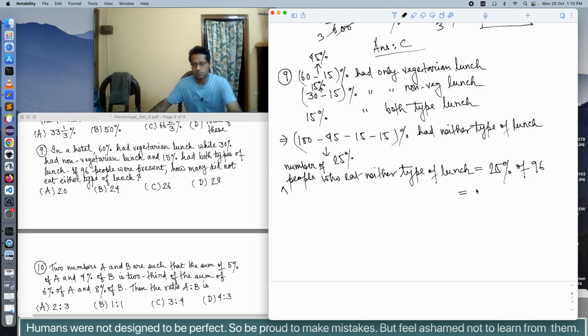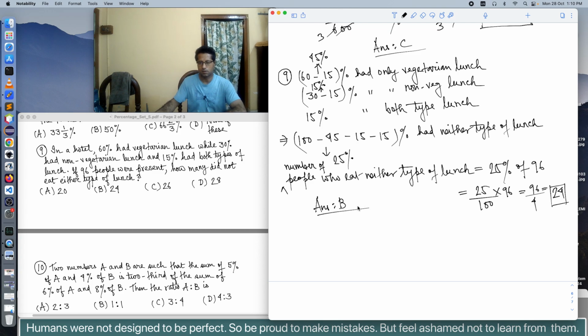This is equal to 25 by 100 multiplied by 96, and 25 by 100 is 1 by 4. So this must be equal to 28. Sorry, 24. So the number of people who did not eat either type of lunch is 24, and hence the correct choice is B. B is the correct choice.